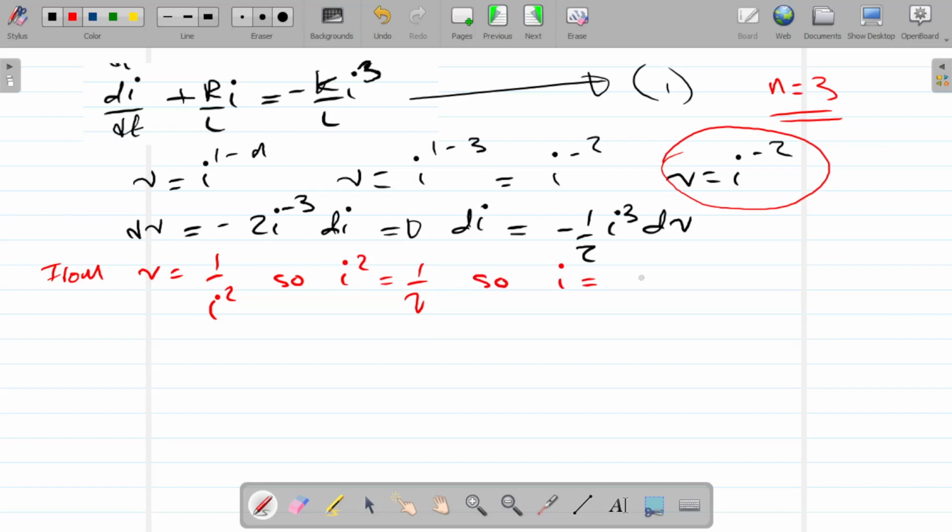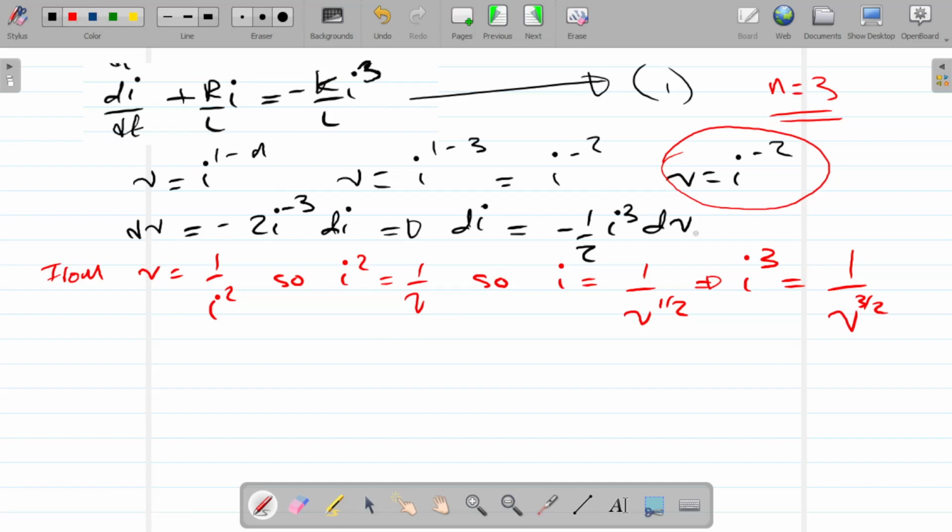So I equals 1 over v to the power of half, by square rooting both sides of this equation. Now we can determine that I cubed is equal to 1 over v to the 3 over 2. We've just cubed that v to the power half so that we get v to the power 3 over 2.